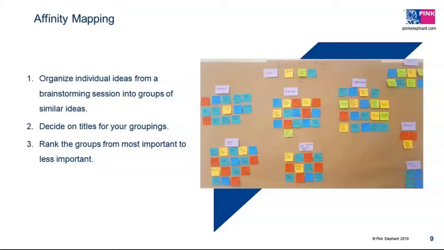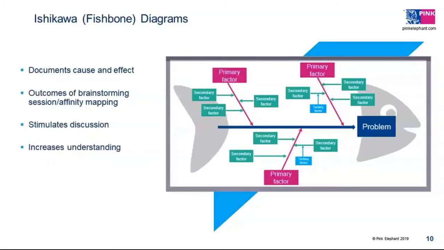Now, once you've done affinity mapping, what you might want to do is an Ishikawa diagram. Many of us refer to these as fishbone diagrams. When we're going through fishbone diagrams and drawing this out, you typically have the spine coming off the problem statement, whatever the problem was that you've defined. Your primary factors are those title groupings from your affinity mapping.